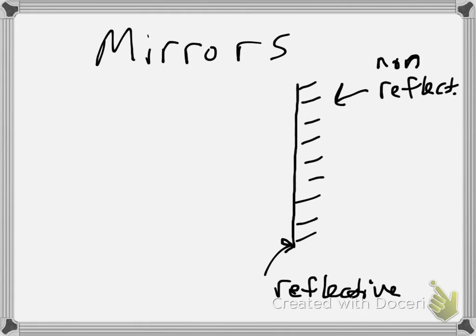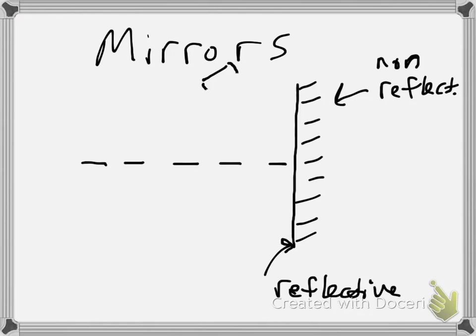Right? So what does this mean? Okay, well, imagine that I have a horizontal line that's perpendicular with my mirror. Right? Now, up here, imagine there's a light bulb. And it's shining a beam.